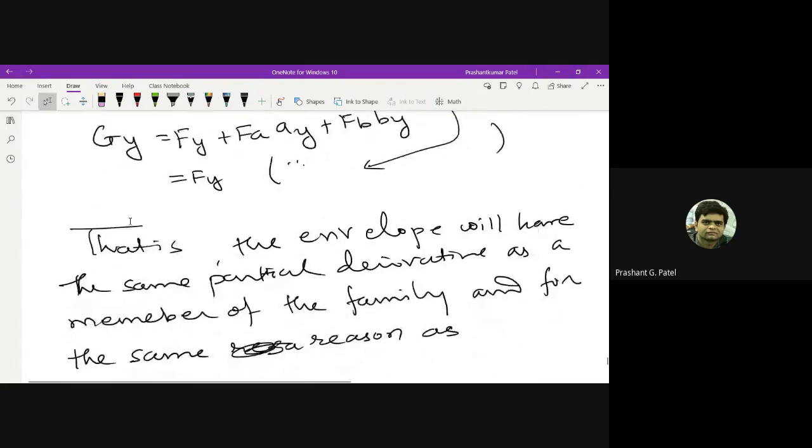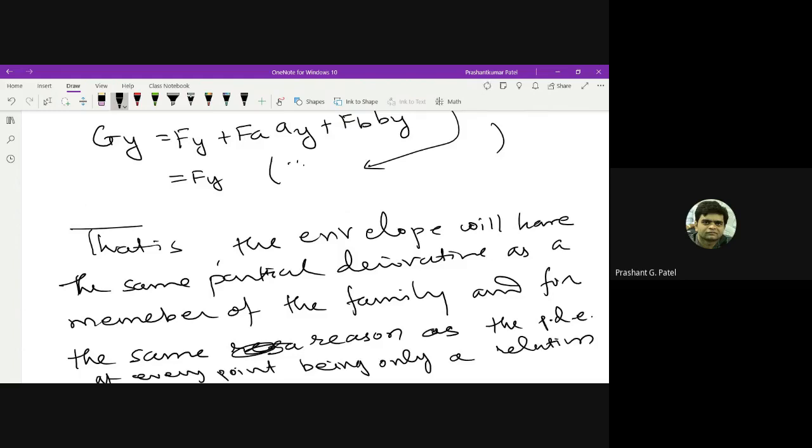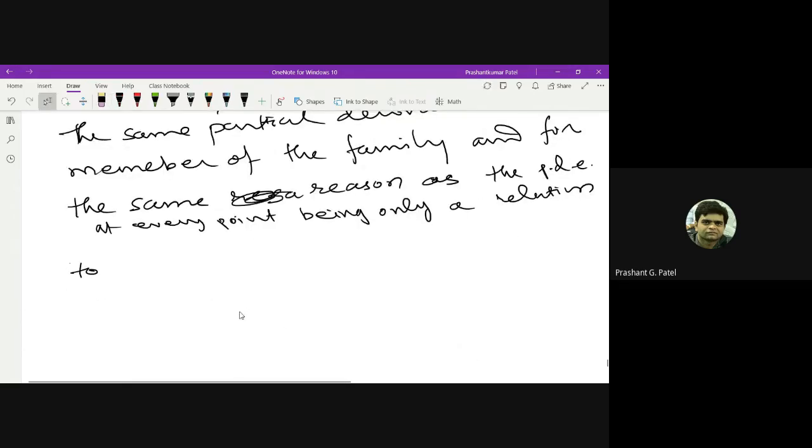Or I can say the reason is that the partial differential equation, the PDE, at every point has only one relation to satisfy between its derivatives.